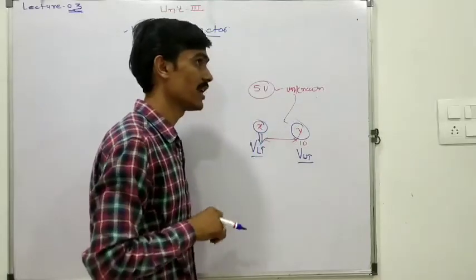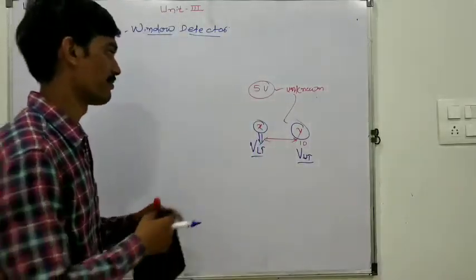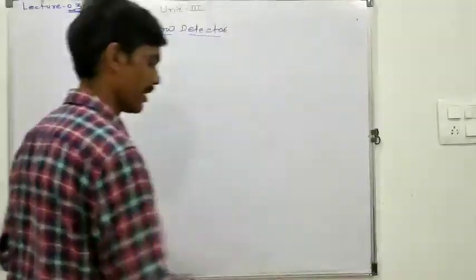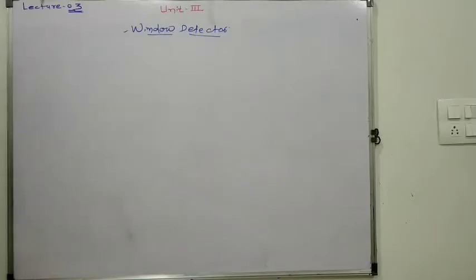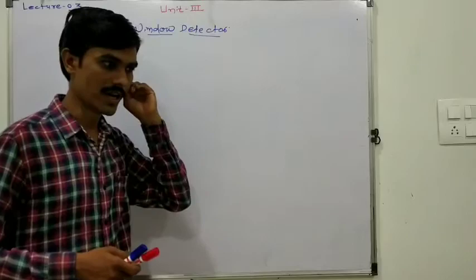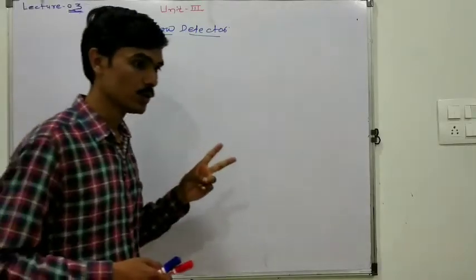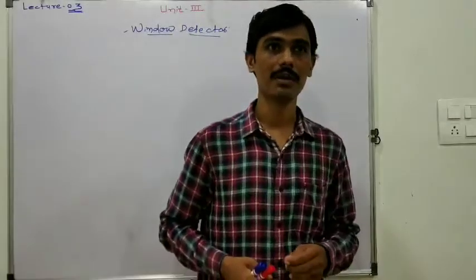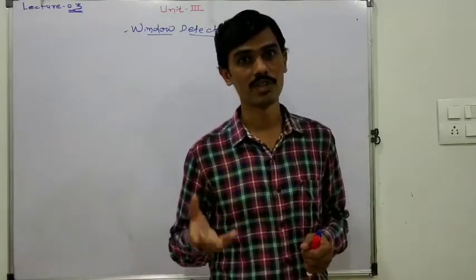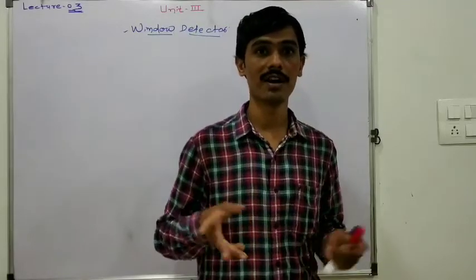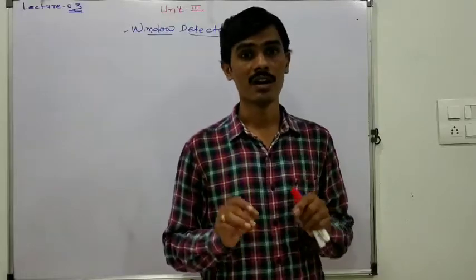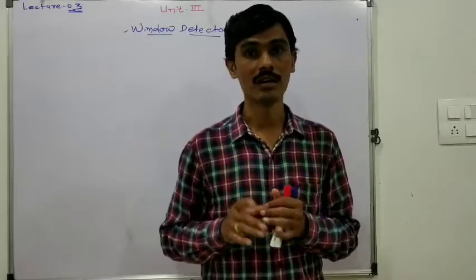Now we have to design a circuit by using an operational amplifier. This window detector can be designed by using operational amplifiers. For that we have to use two operational amplifiers, which may be connected as an inverting amplifier and a non-inverting amplifier, or we may use two operational amplifiers in non-inverting mode, or two in inverting mode.